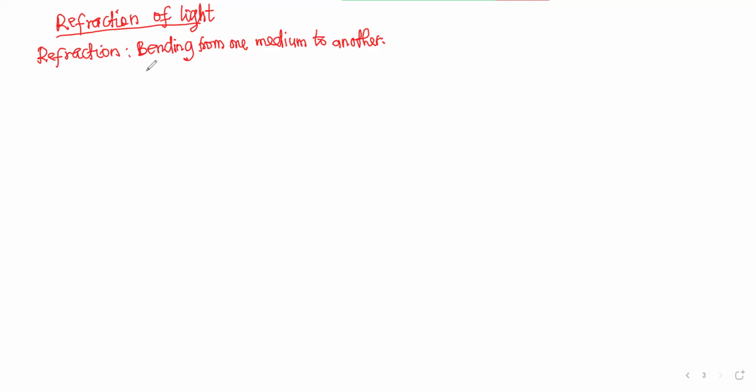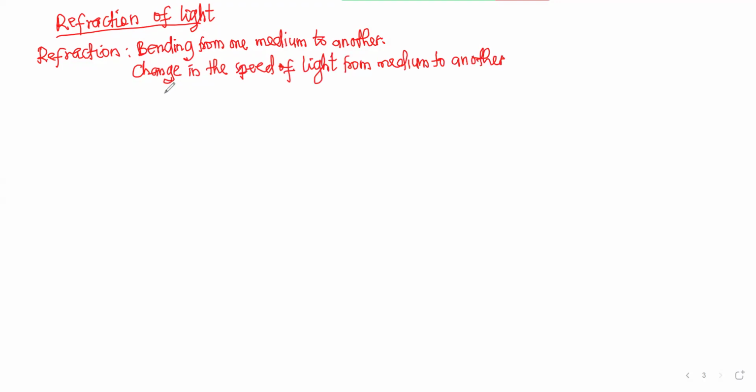Okay, because of time. So we can also define refraction as a change in the speed of light as it moves from one medium to another. Change in the speed of light from one medium to another.